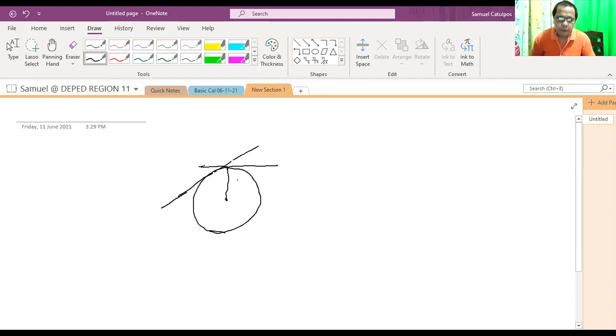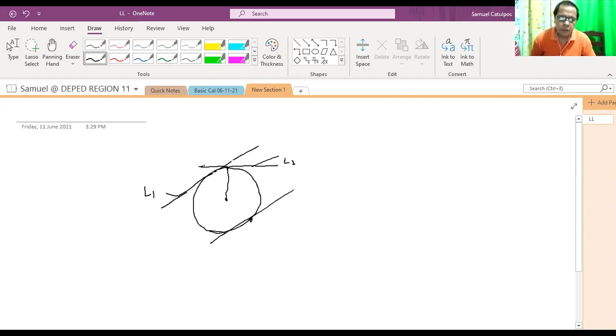For example, this tangent line, let's say this is line 1, and this is line 2, it has a different slope. You could also have another line 1 here with the same slope, but a different location of the point.